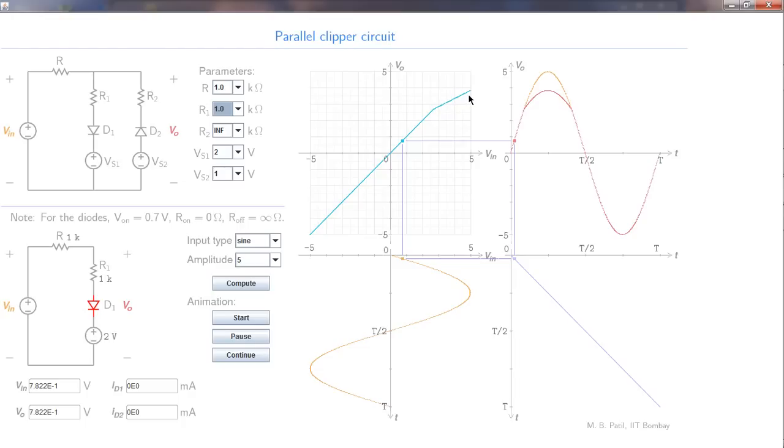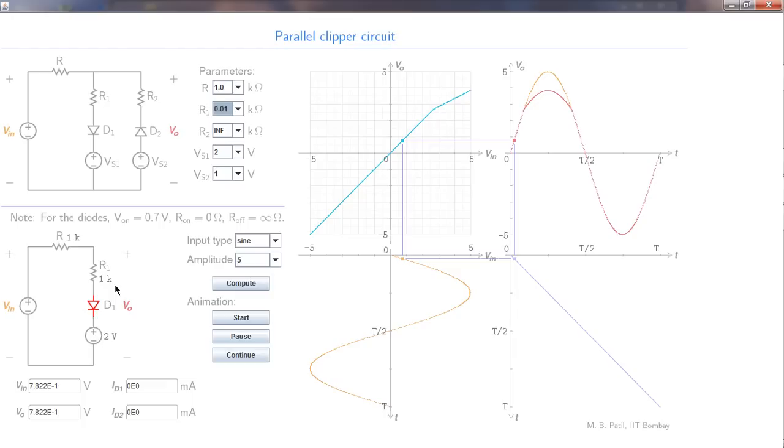Next, let us look at the situation in which Vs1 stays at 2 volts, but R1 is made very small, say 10 ohms. So this is 10 ohms now. What would happen now? The breakpoint would not change because we are not changing this voltage, but this slope will change. That slope is given by R1 divided by R plus R1. Now this R1 is changing from 1K to 10 ohms.